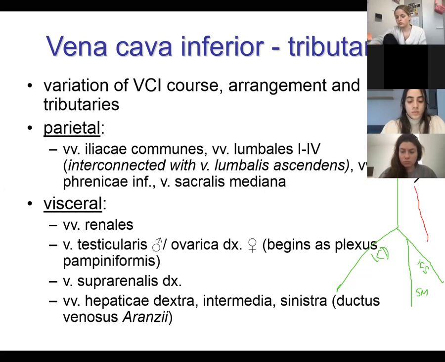And from below, we have the testicular or ovarian vein. Again, on the left side, it drains into the renal. On the right side, directly into inferior vena cava. And then, of course, liver, and from liver, 3 veins.